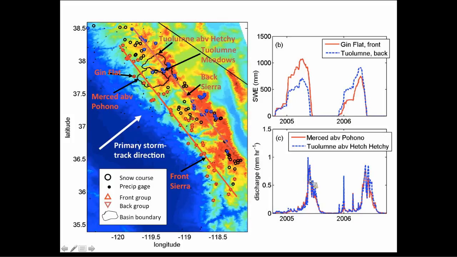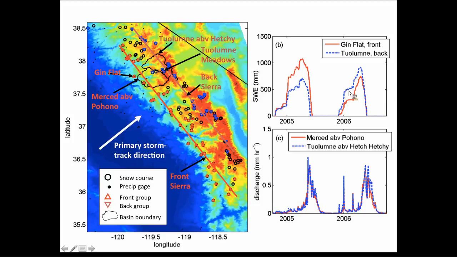However, it's not just a pattern of there being more snow because it was colder at those lower elevations. There was also a greater total amount of water in the area near Gin Flat than in the area in the Tuolumne.